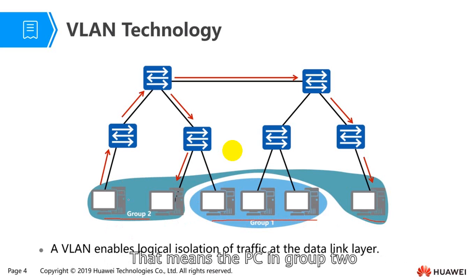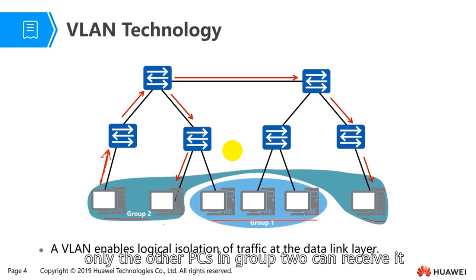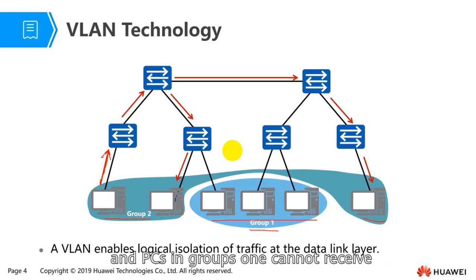That means if a PC in group 2 sends a broadcast frame, only the other PCs in group 2 can receive it, and the PCs in group 1 cannot receive it. Group 1 and group 2 are different broadcast domains. This is the VLAN concept.